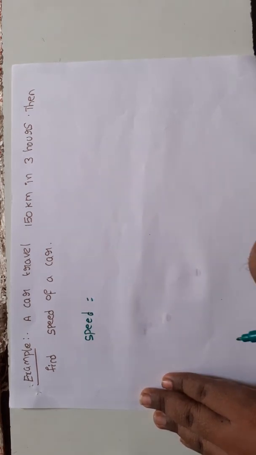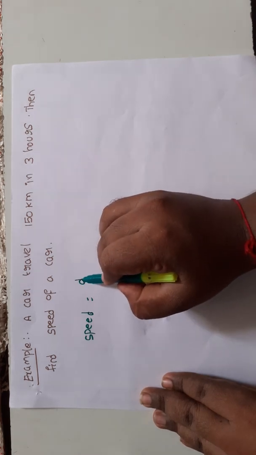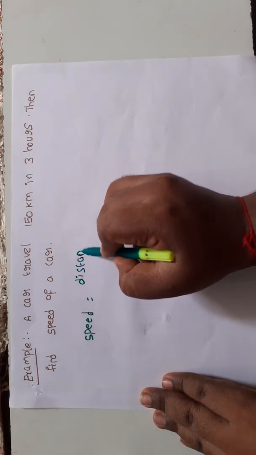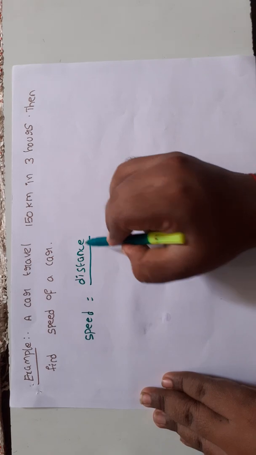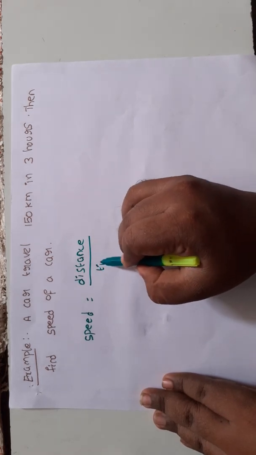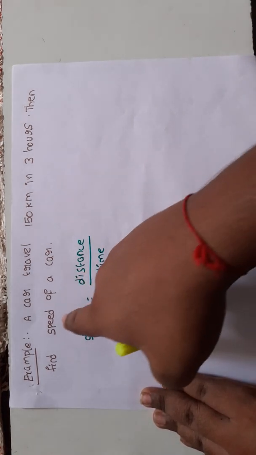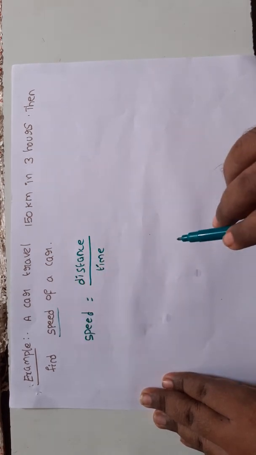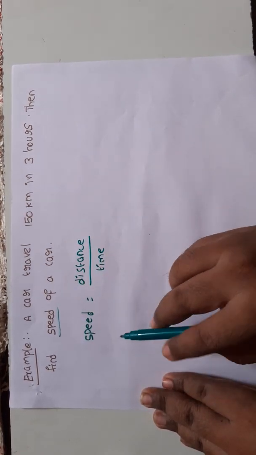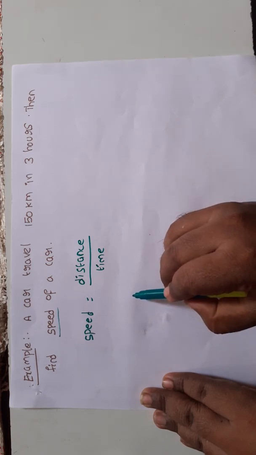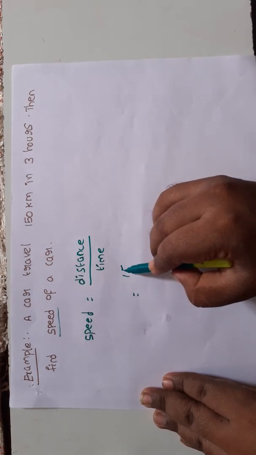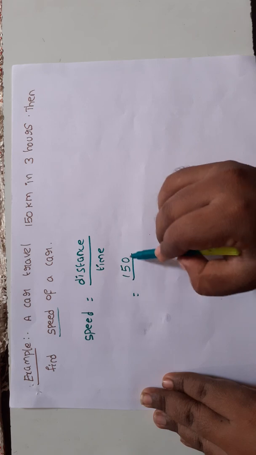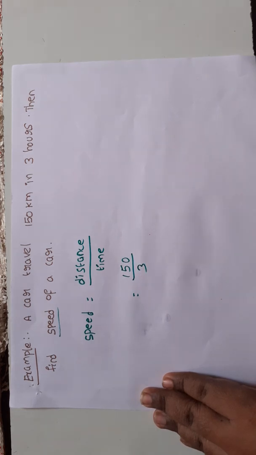Distance upon time. Here the question asks to find just the speed, so I am using the speed formula. Distance is 150, time is 3 hours.